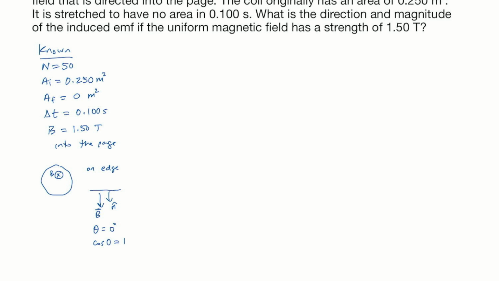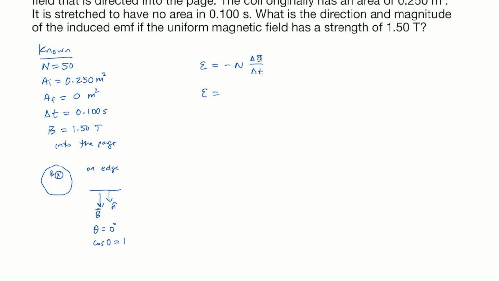Okay. So now we can use Faraday's law to find the magnitude of the EMF. EMF is minus N times the time rate of change of flux, so change in flux over change in time.